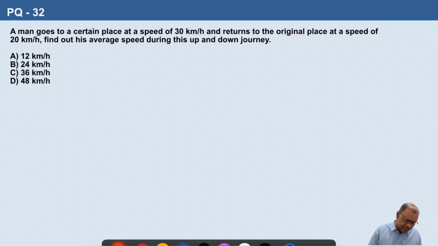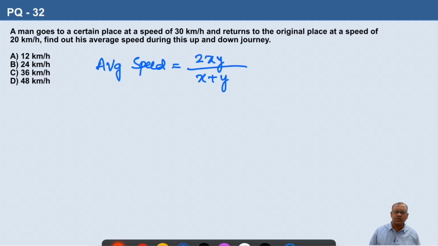So we should use the average speed formula, which is 2xy by x plus y, where x and y are the two speeds when the distance is equal. For going and coming back, the distance would be equal. So here x is 30 and y is 20.